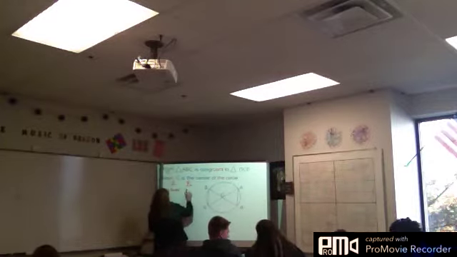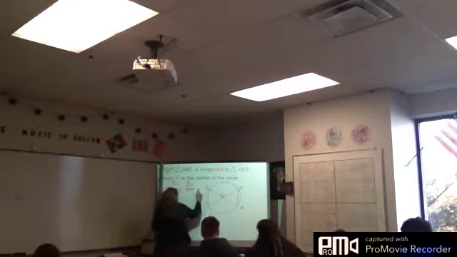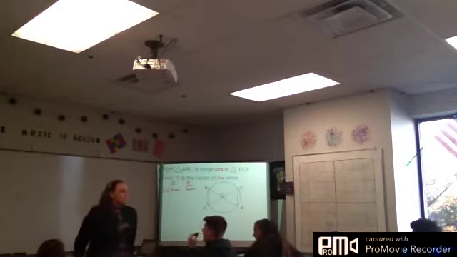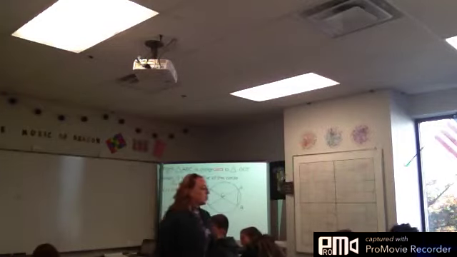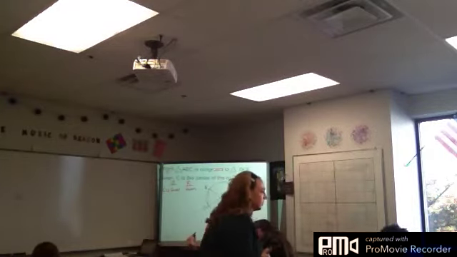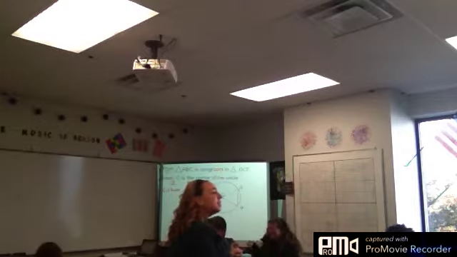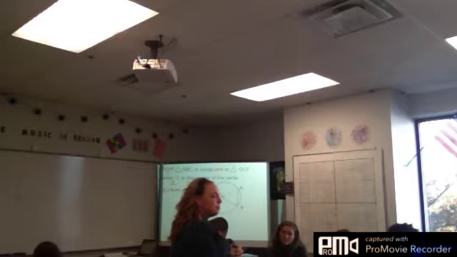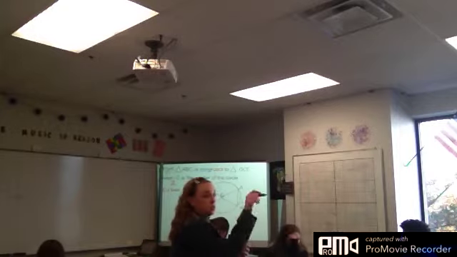Okay. Now, if this is a circle, talk to me about what we know about circles. They're 360 degrees. They have what in them? Diameters and radius. Radius, beautiful. And if something comes out of the center, it is a radius if it goes from the center to one side, correct?